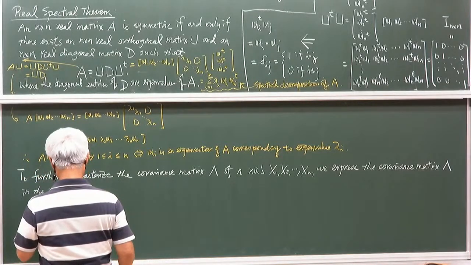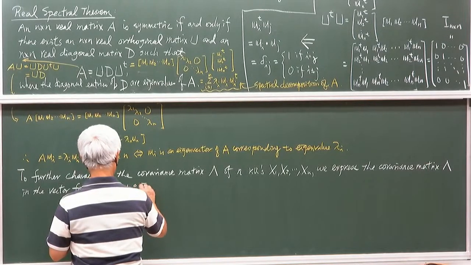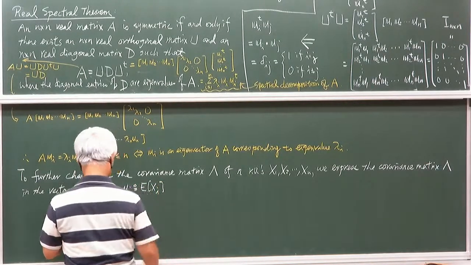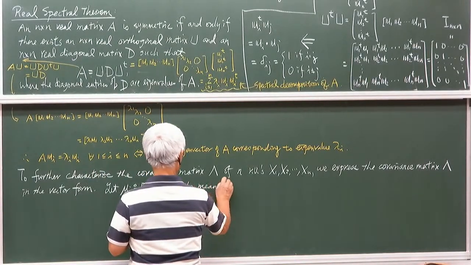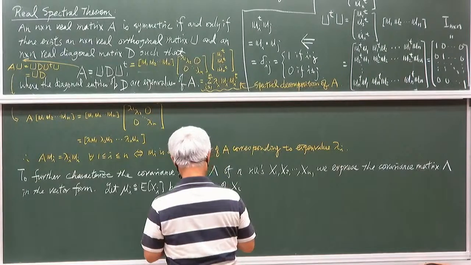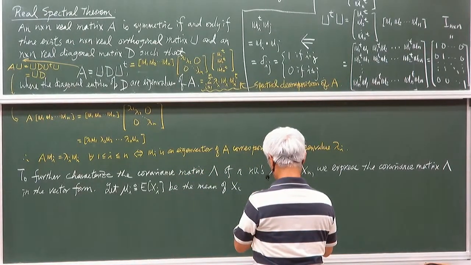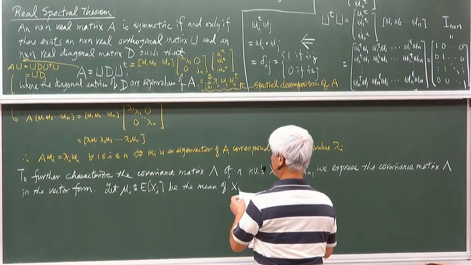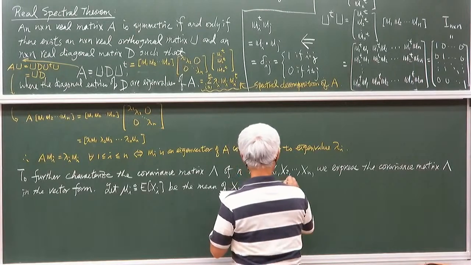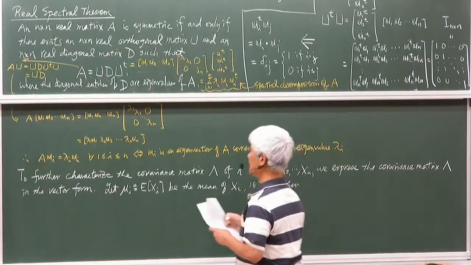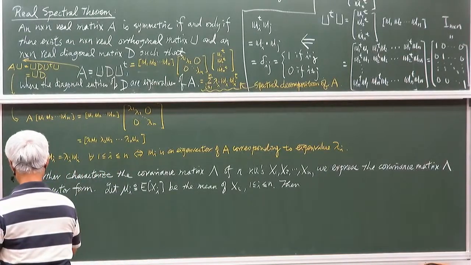We let mu I be the expectation of xi, the mean of x sub I, for I from 1 to n.